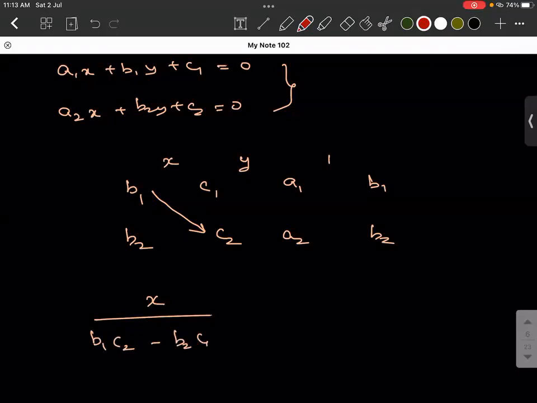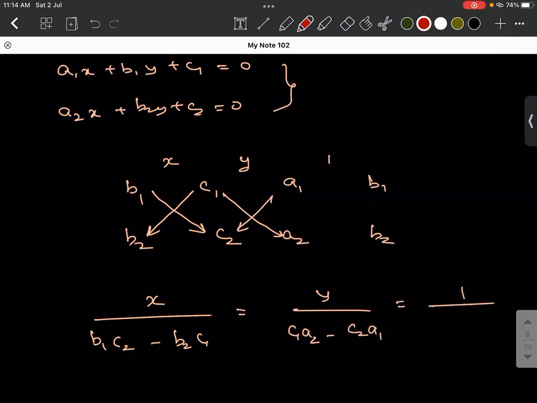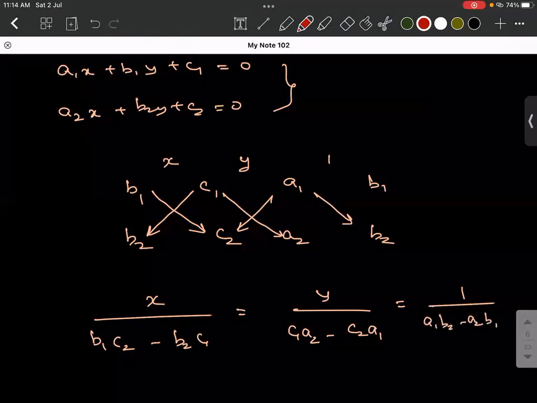So what I did, b1 I multiplied with c2, b1 c2 minus right to left, b2 c1, is equal to y divided by c1 a2 minus c2 a1, is equal to 1 divided by a1 b2 minus a2 b1.